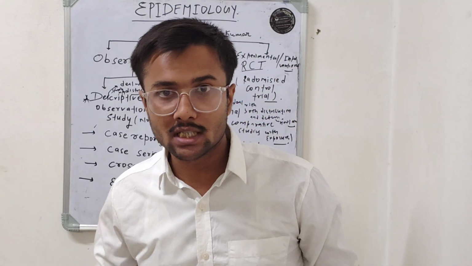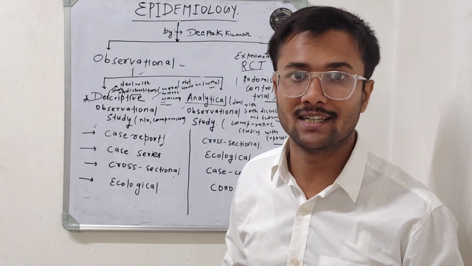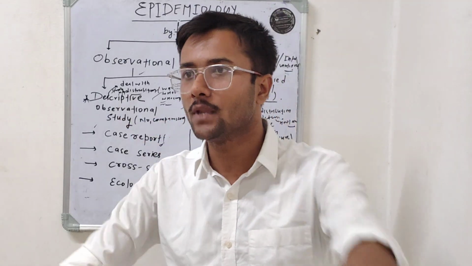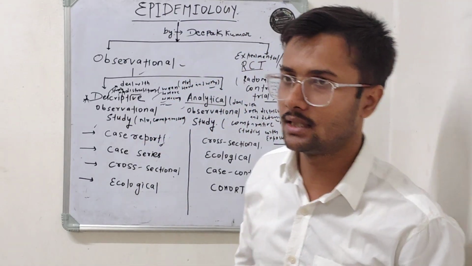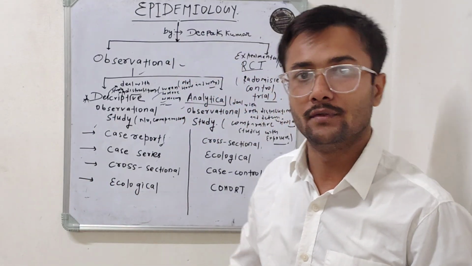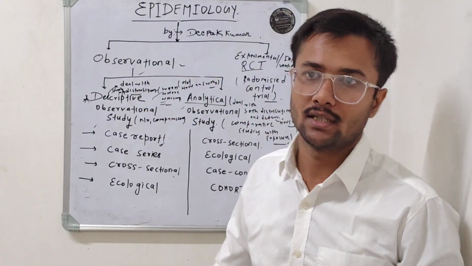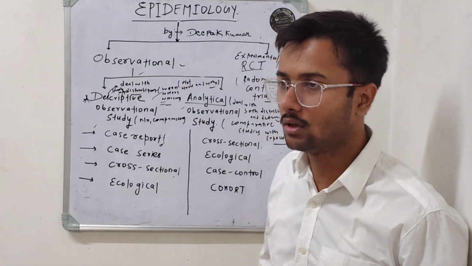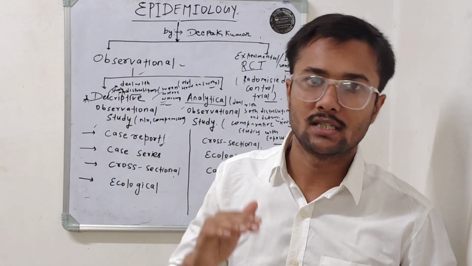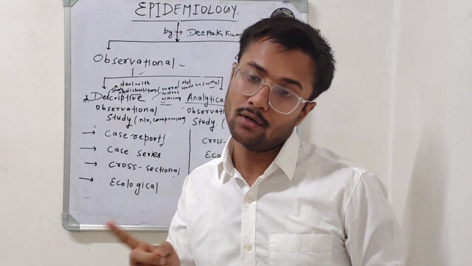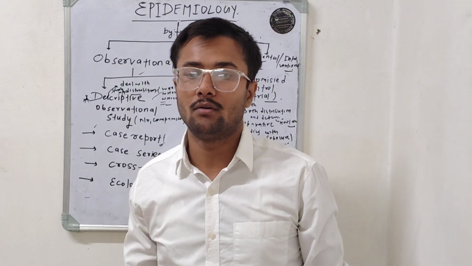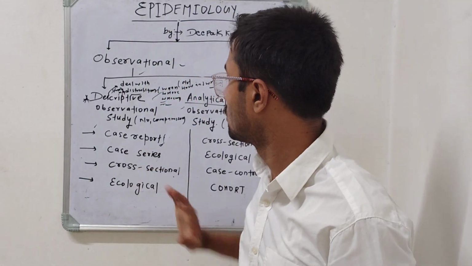Case series means when we study an observational descriptive study in a group of patients or a group of people, then it is called case series. In a case report we study one patient, but when we study a population or a group of patients, then it is called case series.